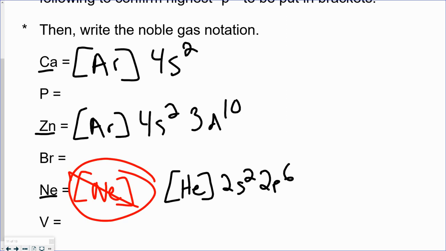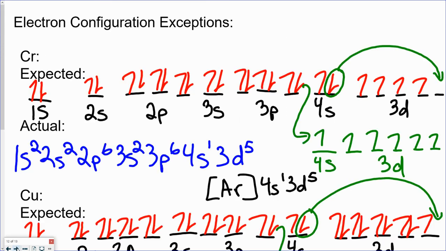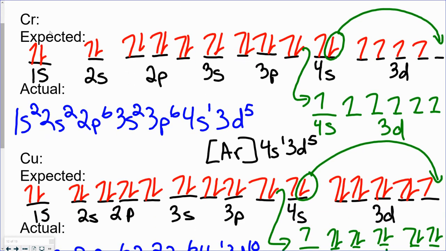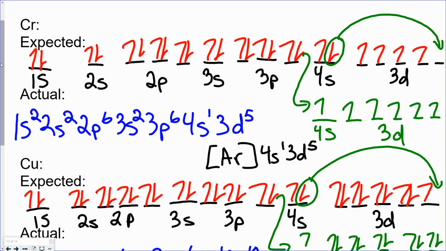On your worksheets, there's going to be ones that have asterisks. Those signify an exception. So here are the exceptions. Exception number 1 is chromium.